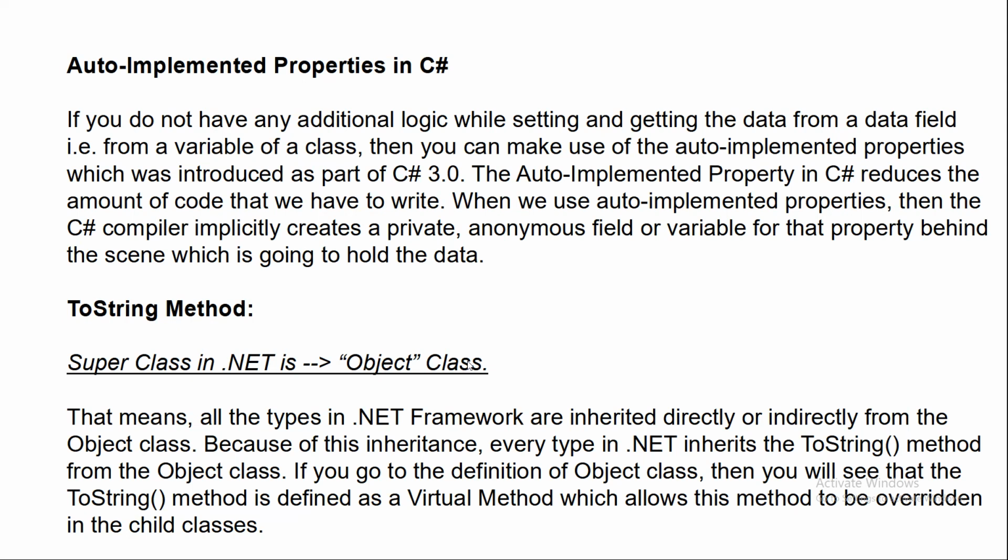Since all our other classes are inherited from this superclass, object, the object superclass contains a method called toString. Since this method is available on object, and all our other classes are derived from it, you inherit the methods available in the object class automatically.